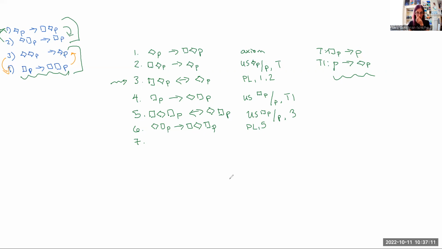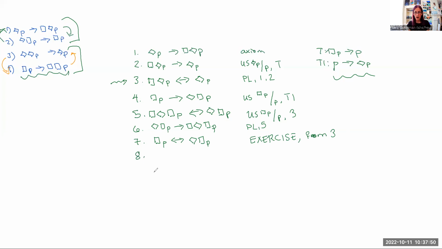I will leave the details to you as an exercise, but if we have 3, we also have that necessarily P is equivalent to possibly necessarily P. So I'm just going to note this as an exercise. It's derivable from line 3. If you want to try to give your proof of how to get line 7 from line 3, put it in the comments and I'm happy to take a look and check your work. But just note that I am skipping over some steps in order to get the equivalence that I need.